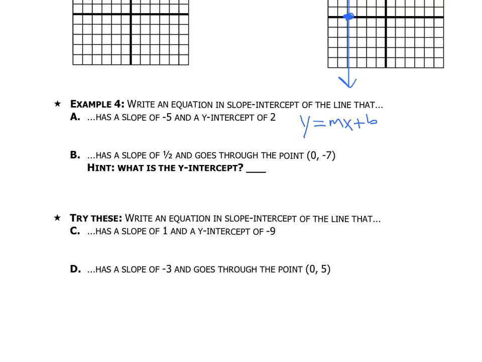Those don't change. So we fill in these values. It gives us a slope of -5 and y-intercept of 2. So when I go to write it in there, all I do is fill in those values. Slope is -5, x stays there, and y-intercept of 2.